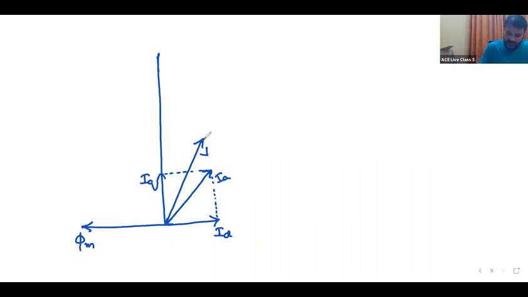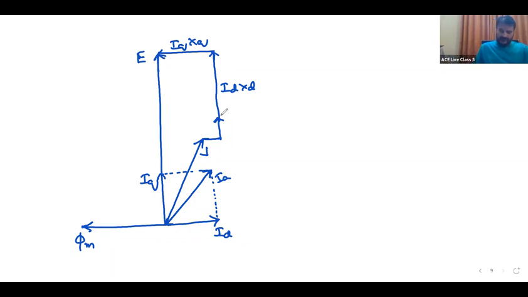Now the drops can be divided: this is IDRA and this is IQRA, and this is IDXD and this is IQXQ. What is this? This is E. This is IQRA, this is IDRA. What about this?